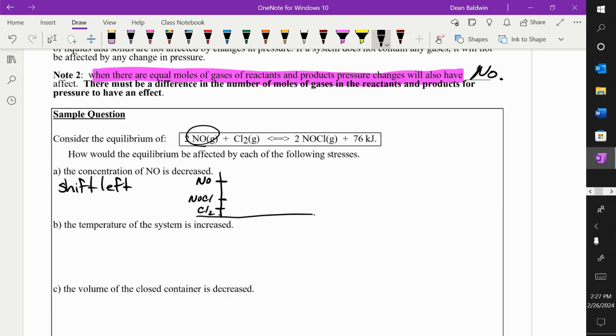They're all at equilibrium, so they're all flatlined. We take out the NO. So what do you see on the graph right away? You see a drop right down.